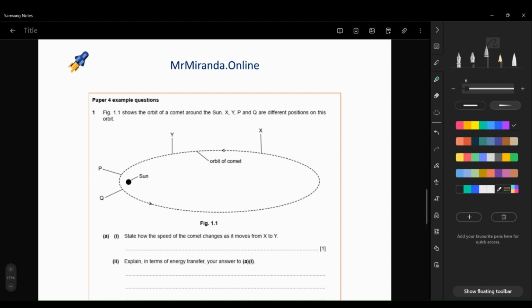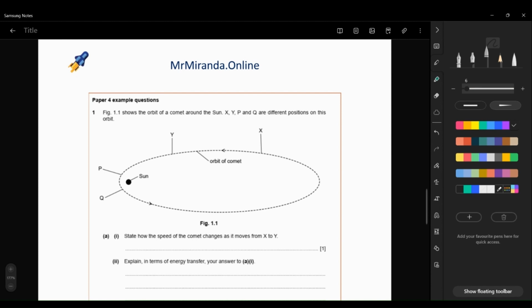We're going to see a little bit more about this for a question further down. But this is not. This is an elliptical orbit. So the distance of the planet to the Sun as it moves from X to Y is decreasing. This means that the speed as it moves from X to Y is increasing.